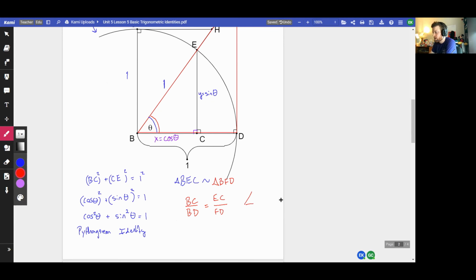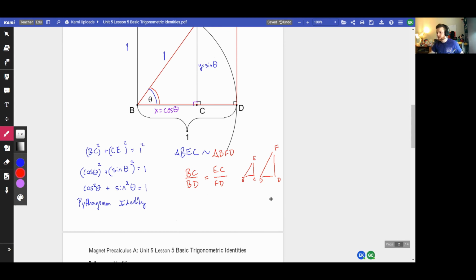And let me redraw the triangle, it's really tiny. We have BC, we have BD, we have an F up here, and we have an E here. These two triangles are similar, and we know 3 of these 4 things. We know BC is cosine. We know BD is 1.